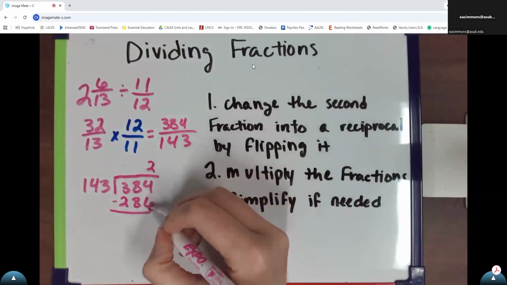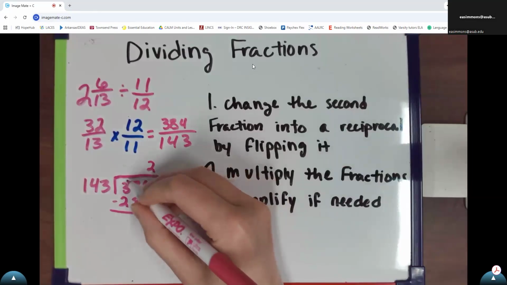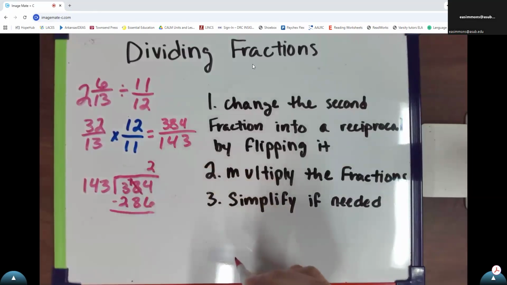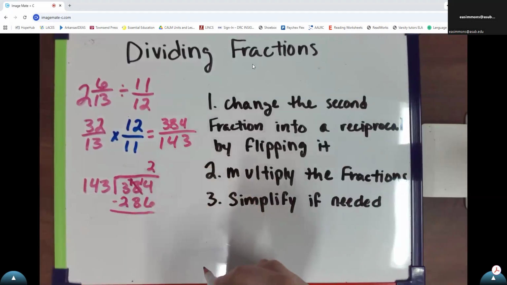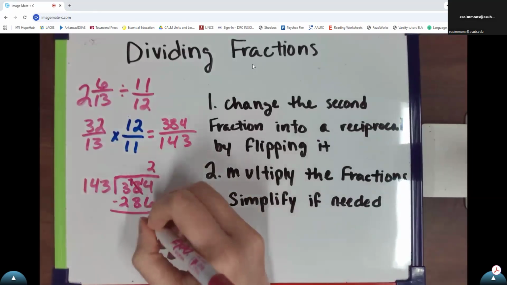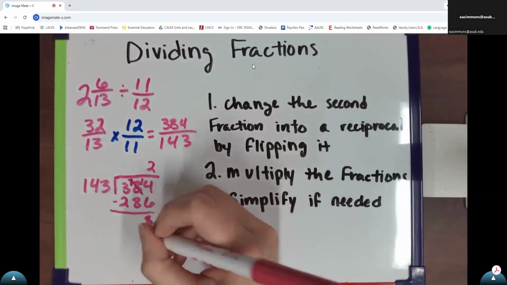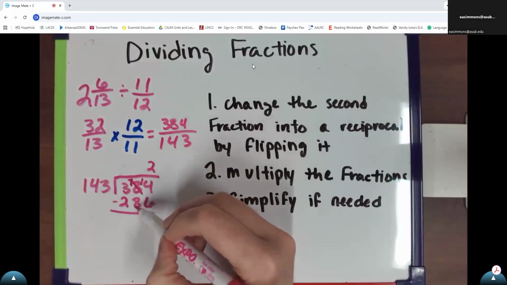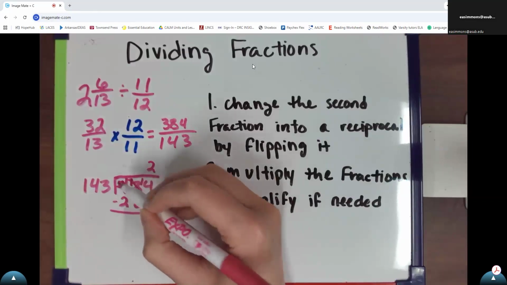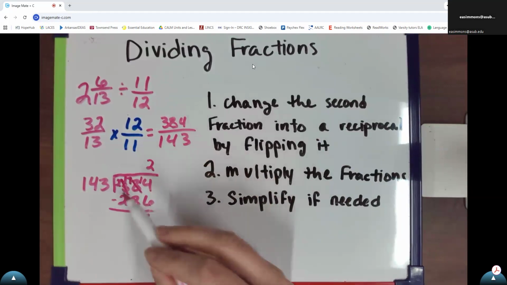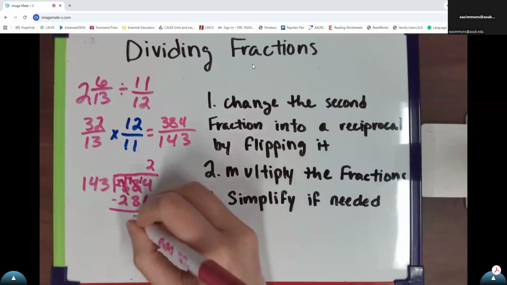We can't take 6 from 4, so we have to borrow. That 8 becomes a 7. And our 4 becomes a 14. 14 minus 6 leaves us with 8. We can't take 8 from 7, so we've got to borrow. 3 becomes a 2, and 7 becomes 17. 17 minus 8 leaves us with 9.